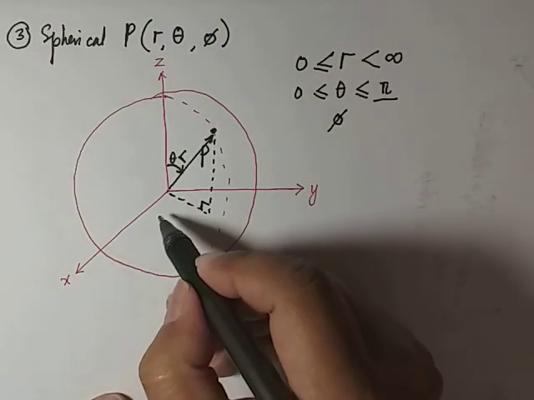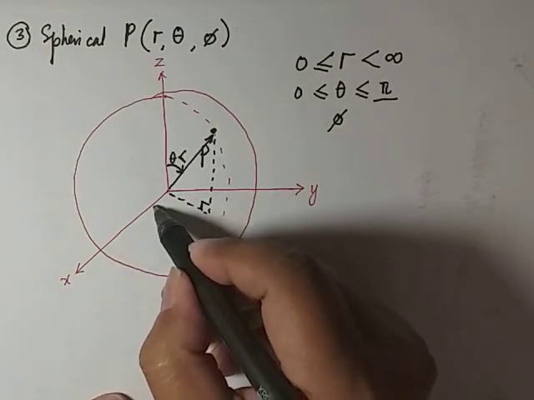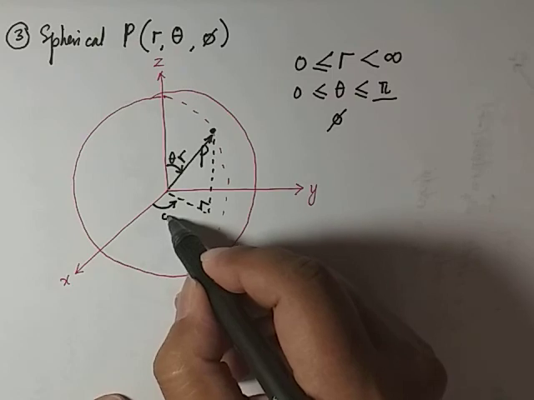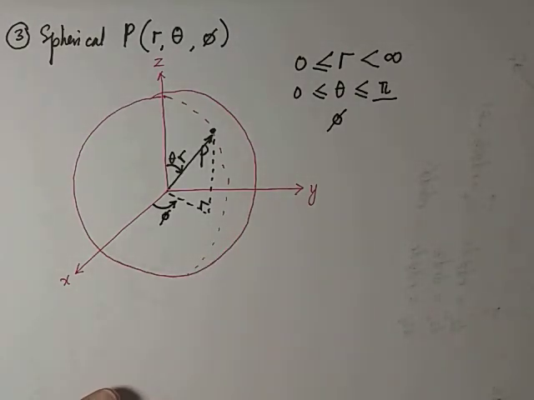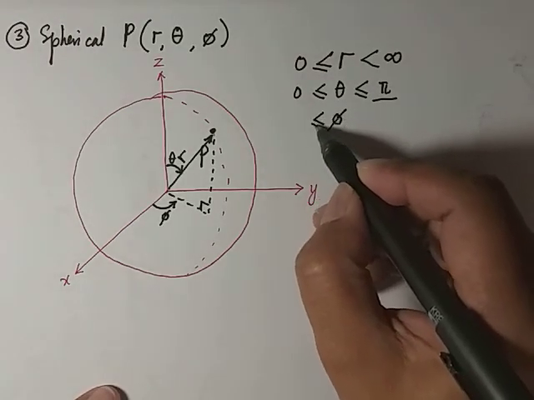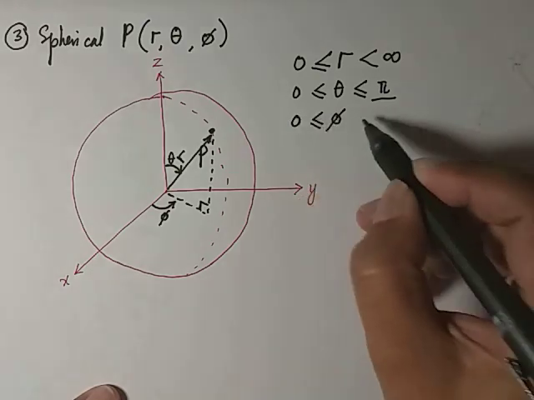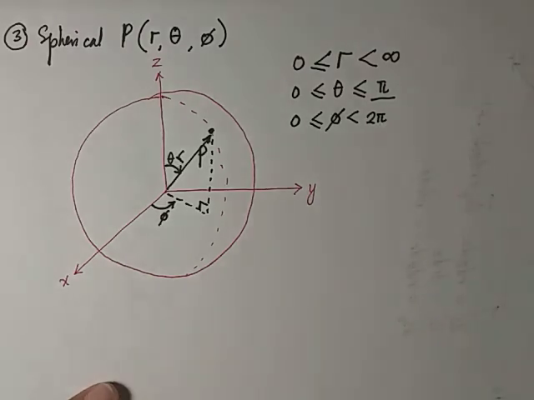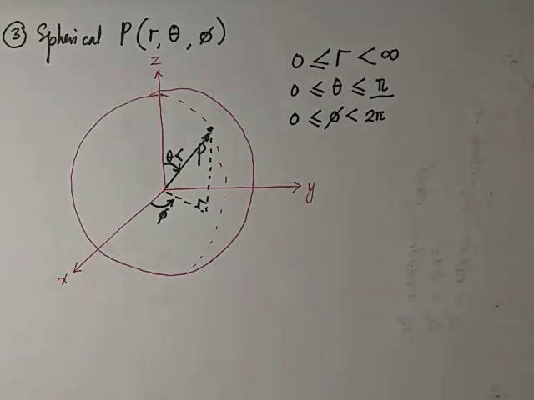And the phi, as what we have done in cylindrical, we start from the x-axis and move towards the image. So that should be our phi. So it's exactly the same as what we did when we defined the phi in the cylindrical coordinate. And therefore, the phi should have the same definition as in the cylindrical, from 0 up to 2 pi. Okay, so that's how you define r, theta, and phi.